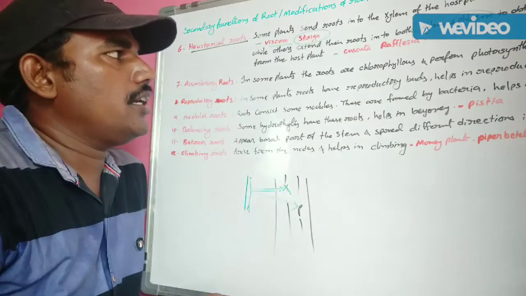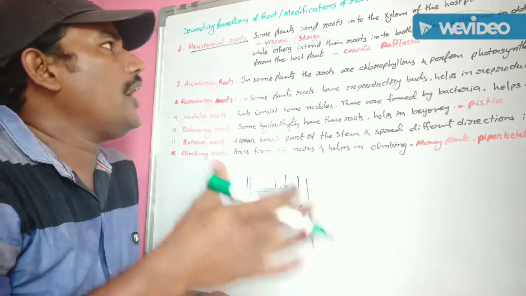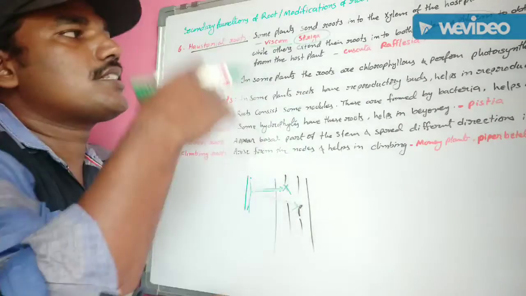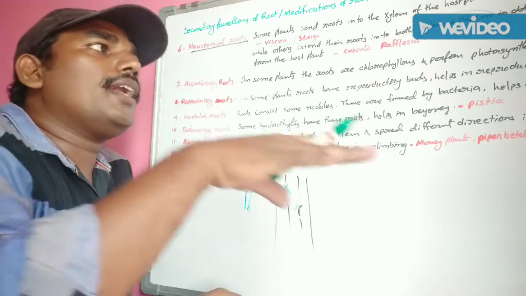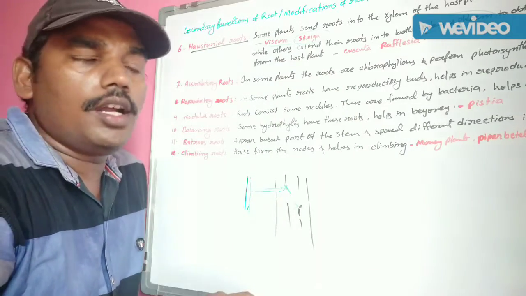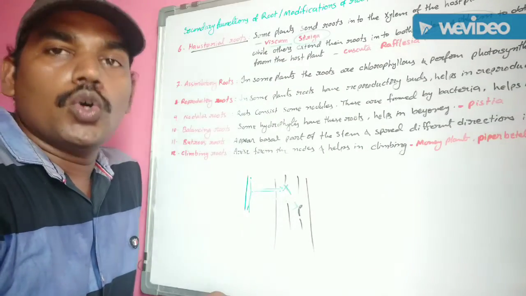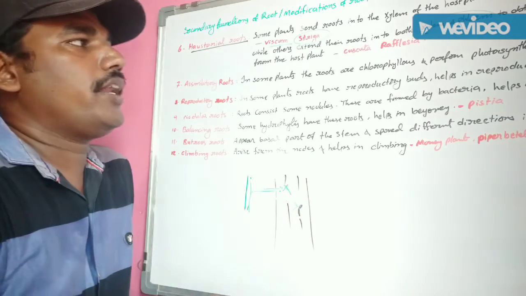These complete parasites arise haustorial roots and send them into the host organism. These haustorial roots contact both xylem and phloem and obtain both water and food materials from the host plant.